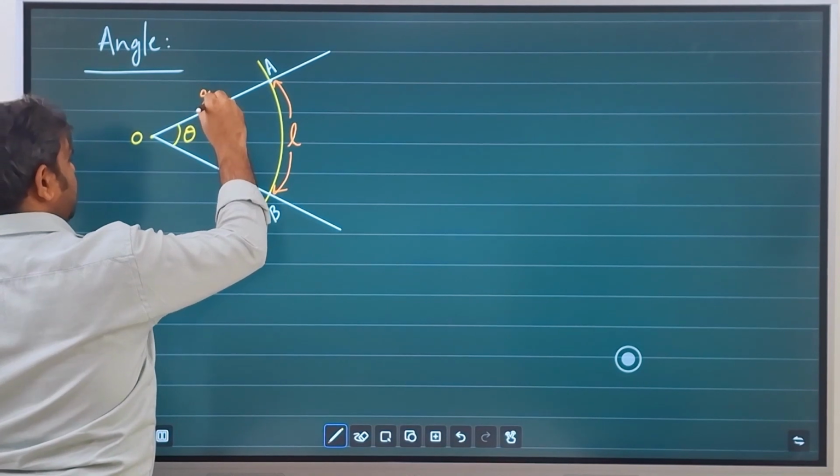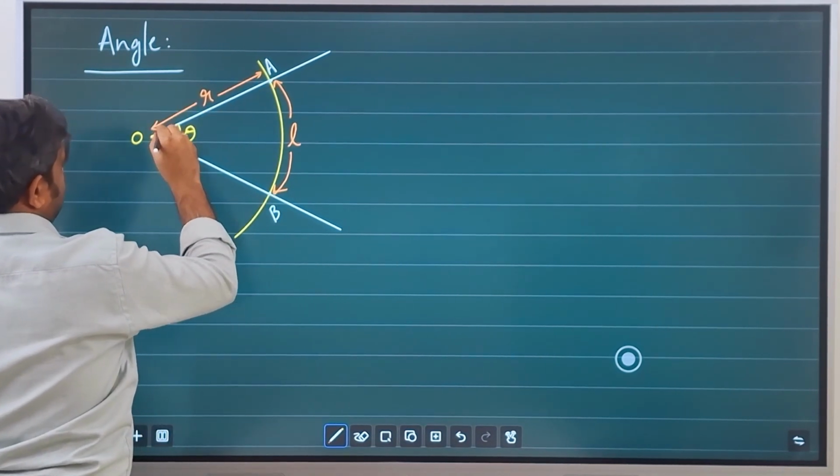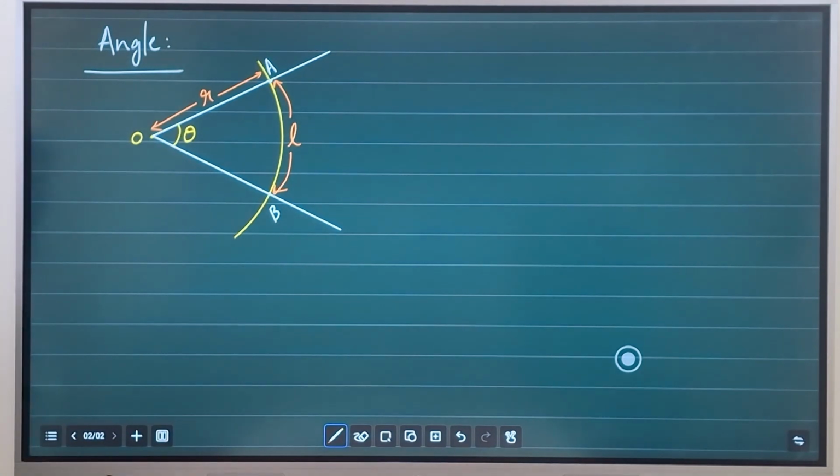So let me call this R, the radius of the circular arc.